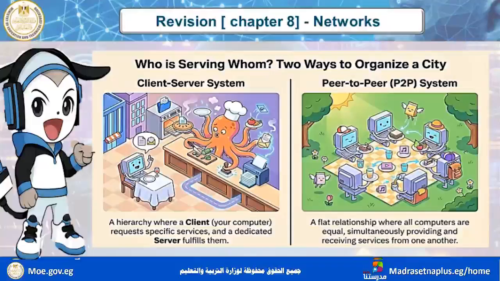In a peer-to-peer system, all roles are the same for each station. So we have a flat relationship where all computers are equal simultaneously, providing and receiving services from one another. We have no server in this system and all clients are called workstations.